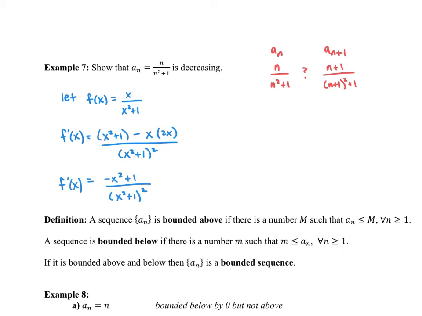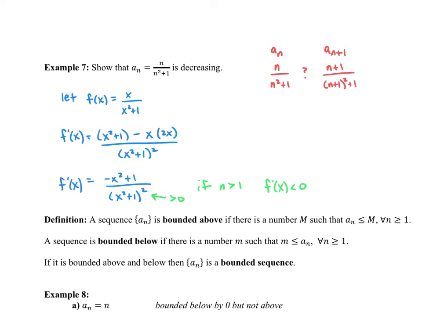Now keep in mind that the denominator is always greater than 0. And so in this particular case, if n is greater than 1, the derivative is going to be less than 0 because the numerator would be negative, the denominator would be positive.